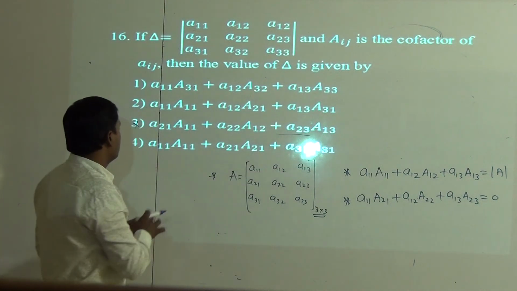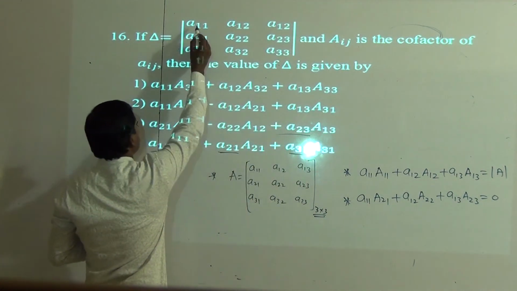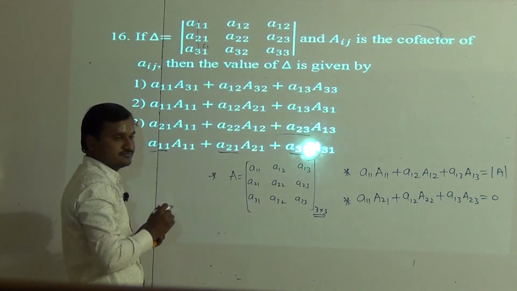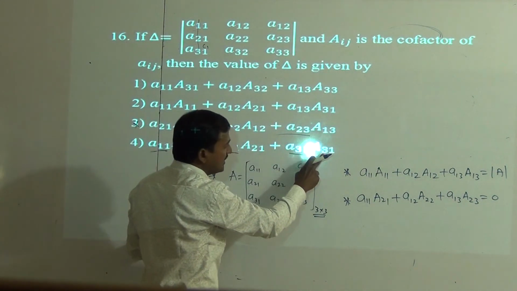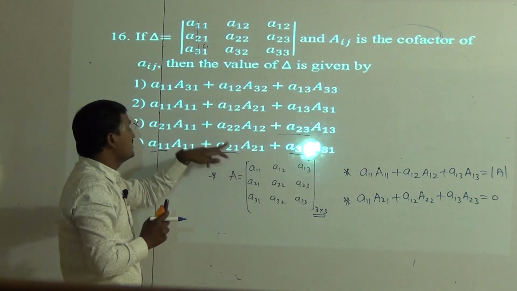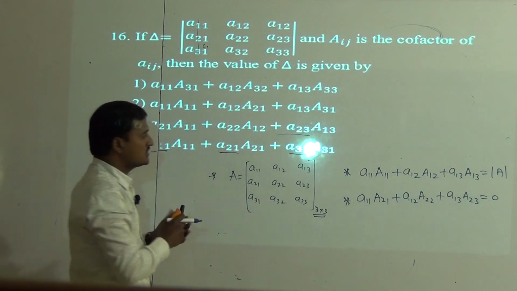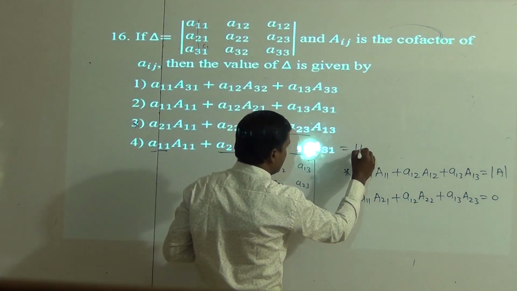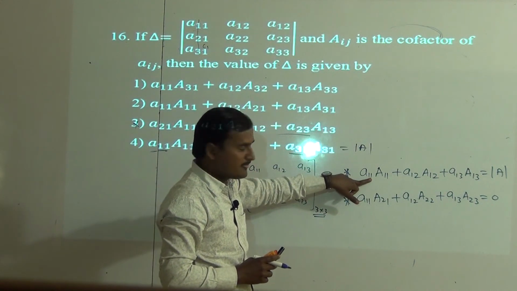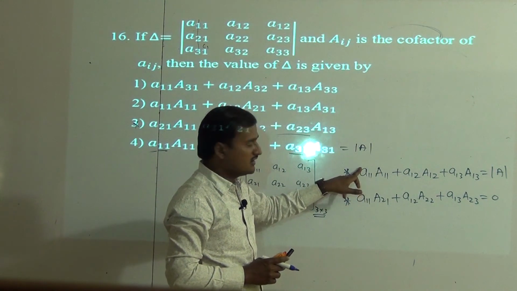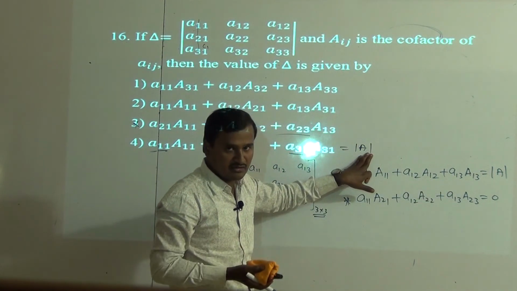So these are the elements of the first column, and capital A11, A21 and A31 are the cofactors of the first column, and it is the sum of products. So its value is always equal to the determinant of A. Same element and same cofactor, sum of products, then only we get the determinant of that matrix.